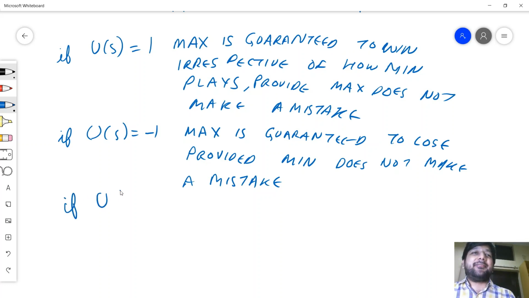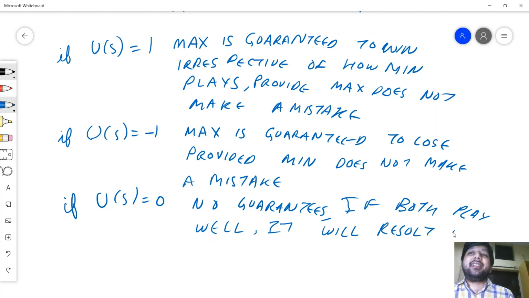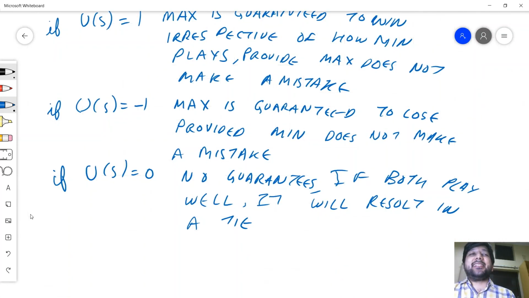On the other hand, if the utility is equal to 0, that means there are no guarantees. And of course, if both play well, which means that none of them makes a mistake, it will definitely result in a tie. Both of them play well, it results in a tie.